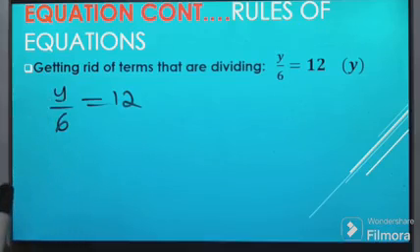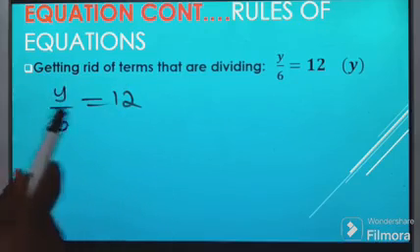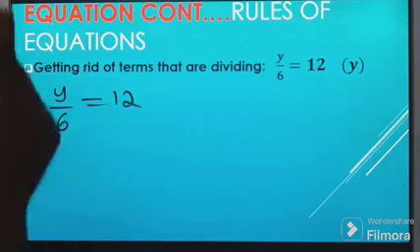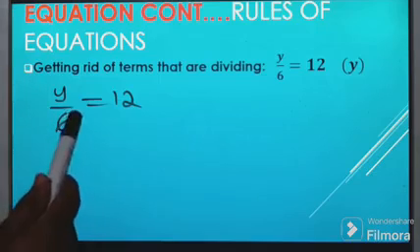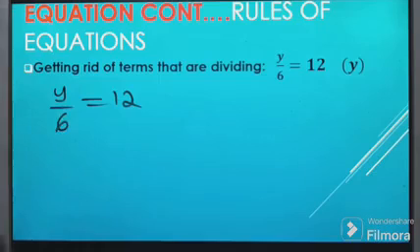Yes, we want y, and what is y combined with? In our case here, y is combined with 6, which is dividing y. So how do we get rid of 6, since 6 is dividing y?